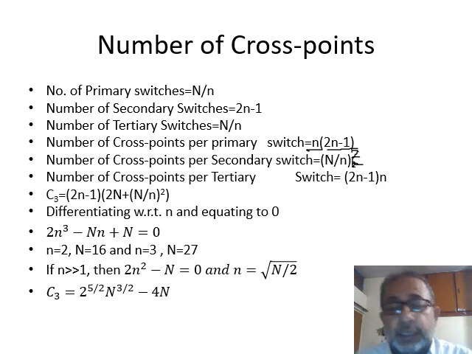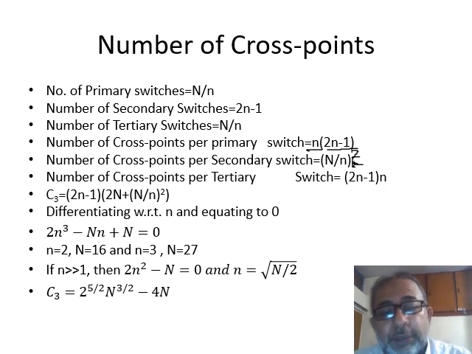Because capital N over small n is the number of primary switches, which is also the number of inlets per secondary switch. And capital N over small n is also the number of tertiary switches, which is also the number of outlets per secondary switch. So we multiply capital N over small n by capital N over small n, and we get the number of cross points per secondary switch.